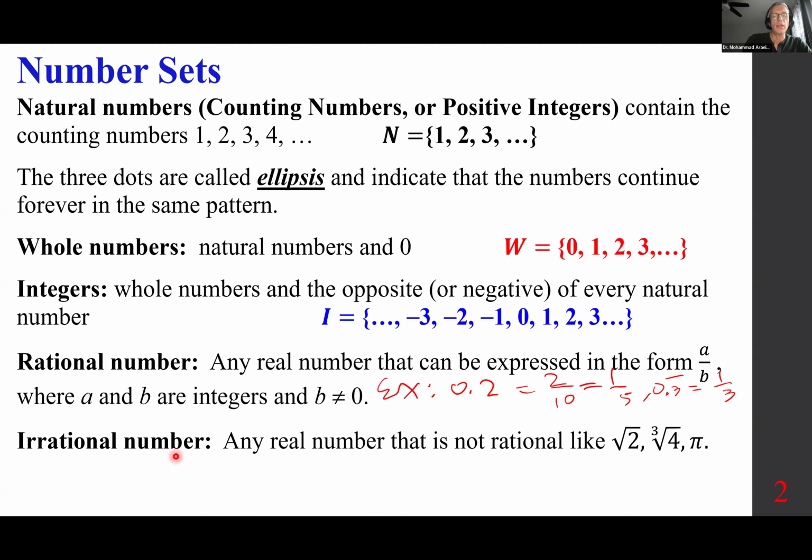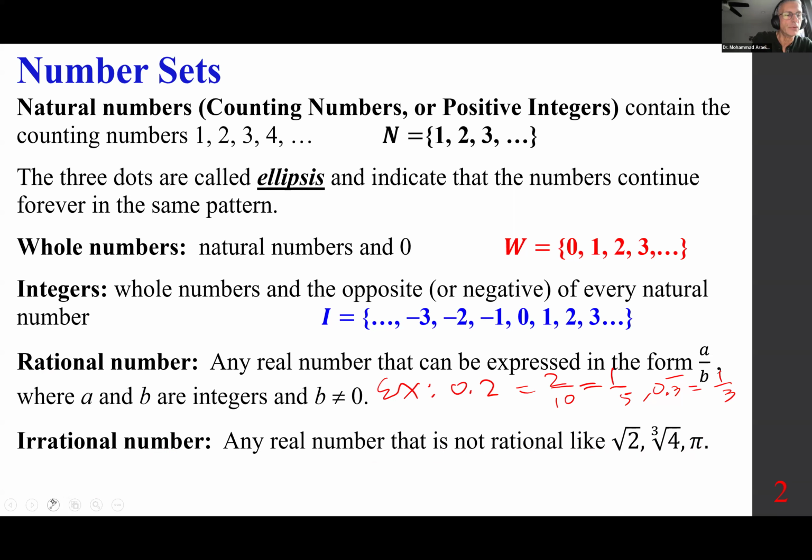Irrational numbers. Any real number that is not rational, like square root of 2, cube root of 4, pi. If you were to put those into a calculator, they will give you a decimal format that does not terminate. For example, pi is 3.